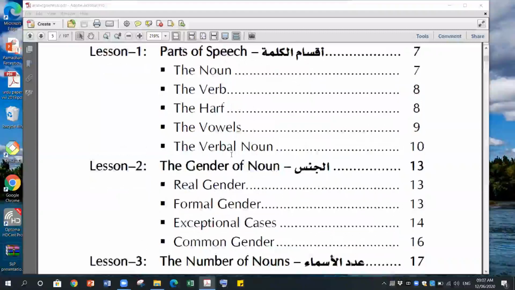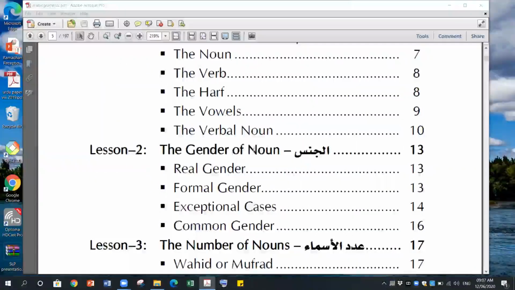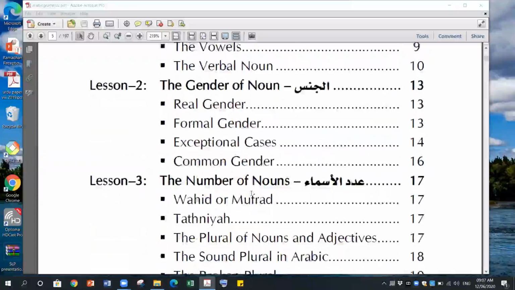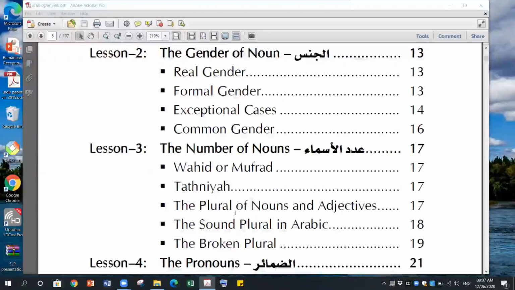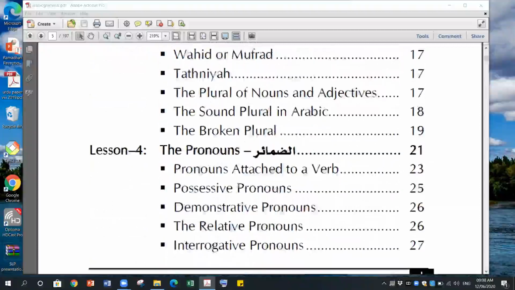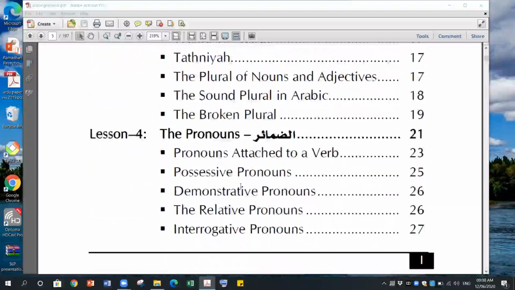Then for the noun, we went into detail and we saw the gender of noun, right? We saw the number of nouns, that is wahid, tasniya, and plural, or jama. And then we went for the pronouns. Lesson number 4 was for the pronouns. We saw that there are two types of pronouns, attached and detached.